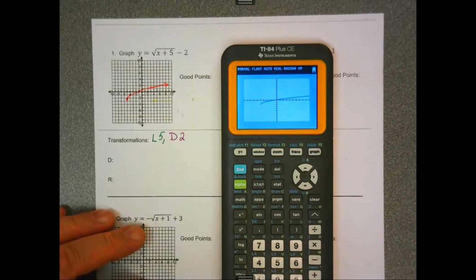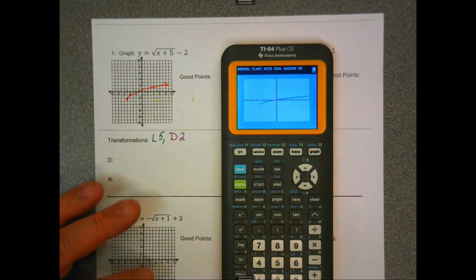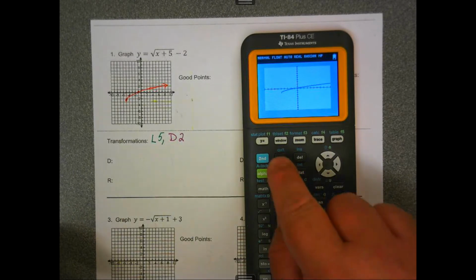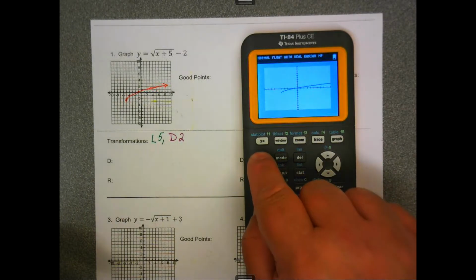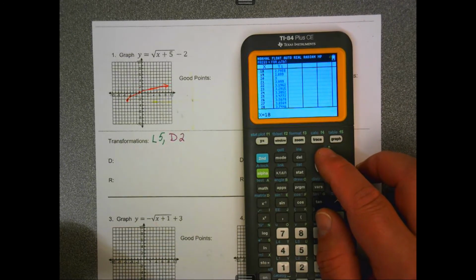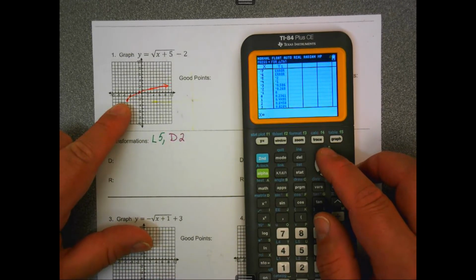And then we're going to go and get some what's called good points. We want some whole numbers so we can do this. So I'm going to go to my table. Second graph is my table. And definitely want to start at -5 because that's my starting point.